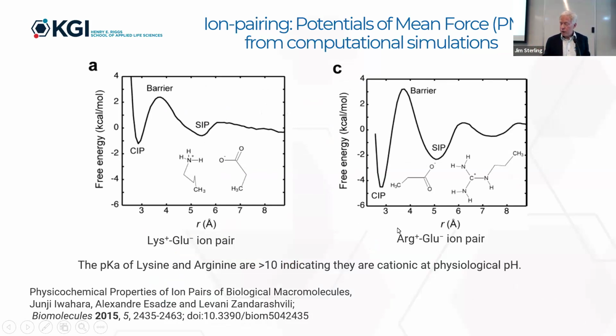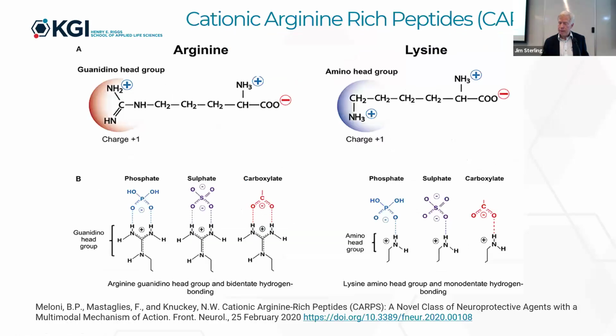And you see that with arginine in particular, there's this bidentate pairing that means that they really like to be attracted. And the solvent separated has an energy well, but then if it squeezes out that water, you end up with this deeper well that's just contact ion pairing of the ions.